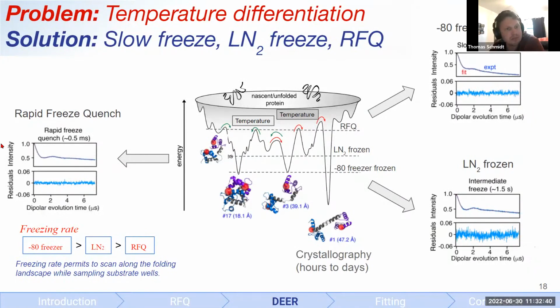And with rapid freeze quench, we get an even better background, and the residuals are wonderful. So regarding freezing rate, the -80 freezer is the slowest, liquid nitrogen is intermediate, and rapid freeze quench is the fastest, meaning that, with the concept of an energy landscape, rapid freeze quench really captures the most of the substates present.